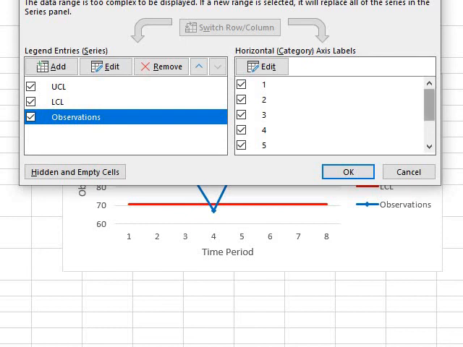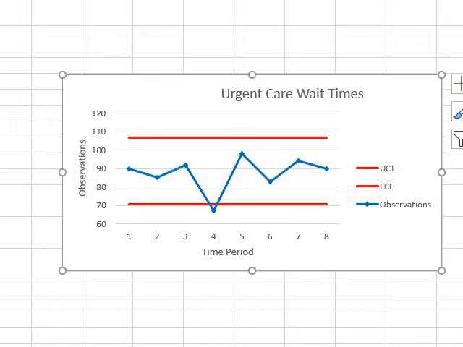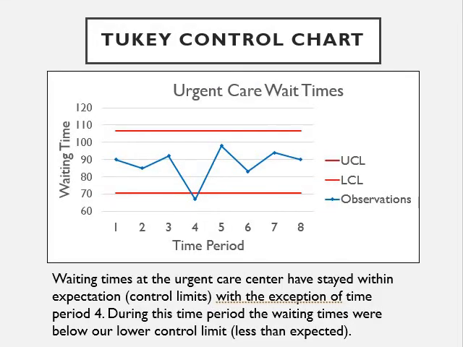And on our x-axis, we will have our time periods, which are here. This is my final Tukey control chart, formatted according to how the upper control limit and lower control limit, as well as the observations, should be represented.